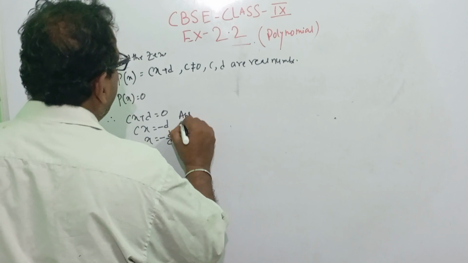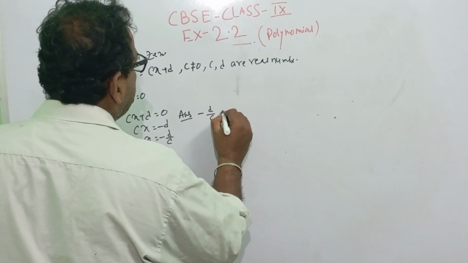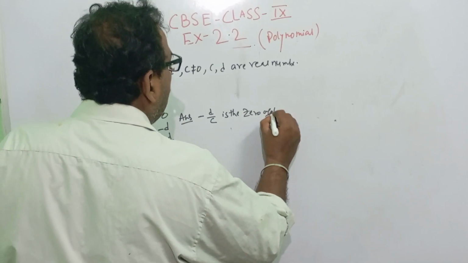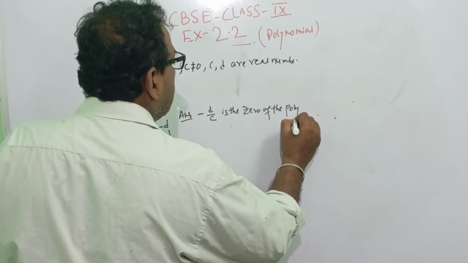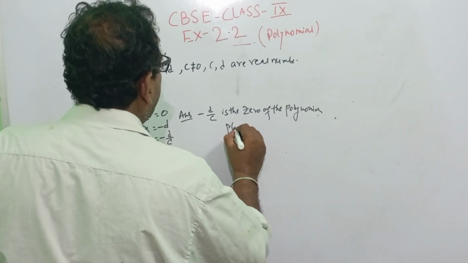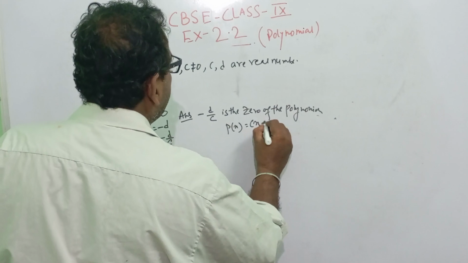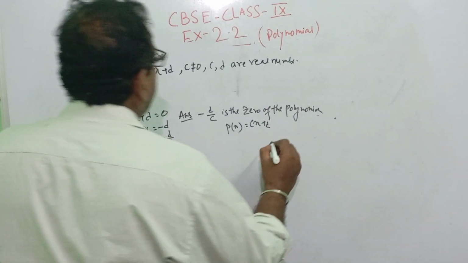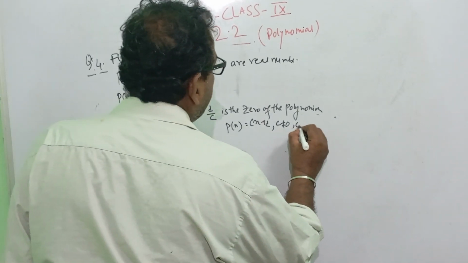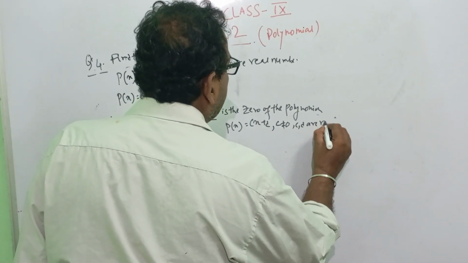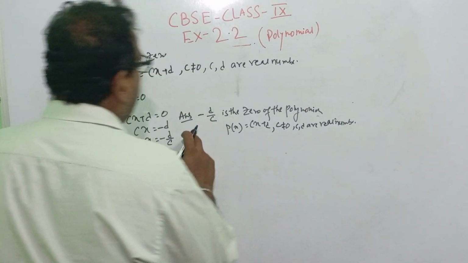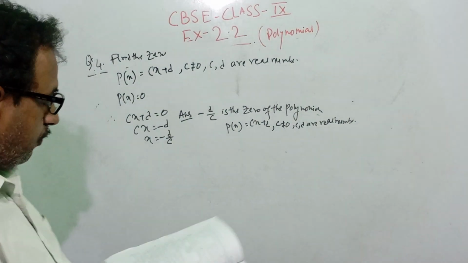Then the answer will be minus d by c is the zero of the polynomial p(x) is equal to cx plus d, where c is not equal to 0, c, d are real numbers. You have to do the writing in this particular format.